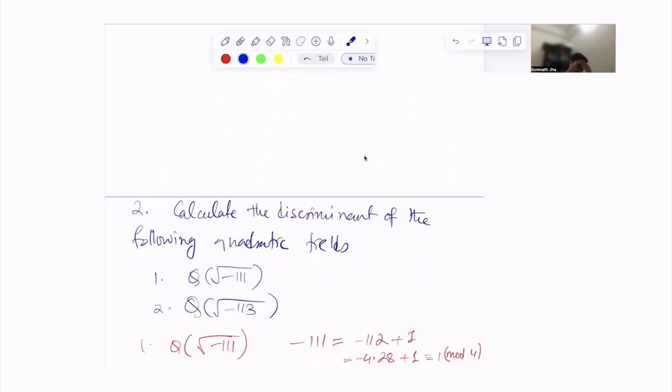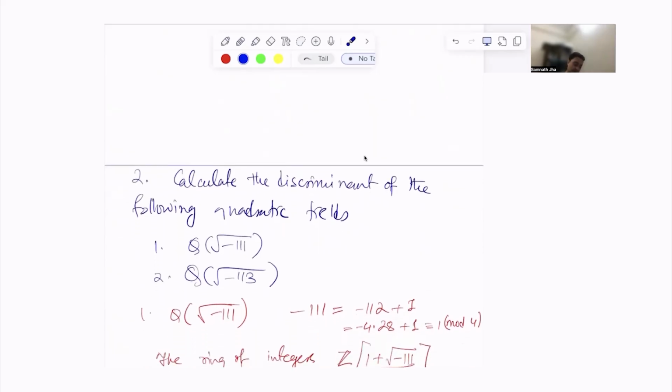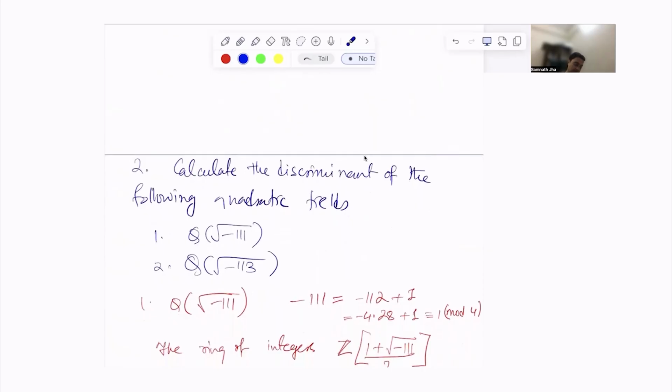For the first one, Q of square root of minus 11, you recall that minus 11 is minus 12 plus 1, and minus 12 is minus 4 into 3. And this is plus 1. So minus 12 is congruent to 0 mod 4, and minus 11 is congruent to 1 mod 4.